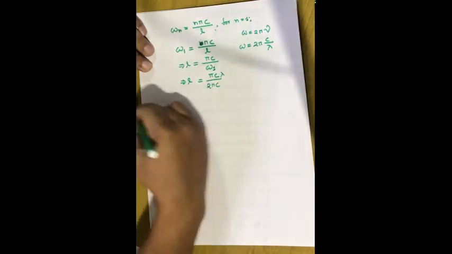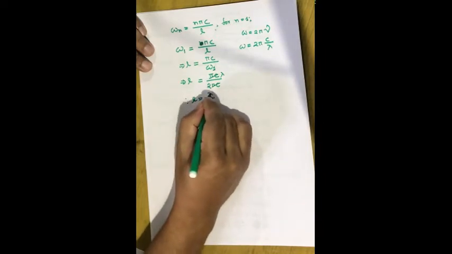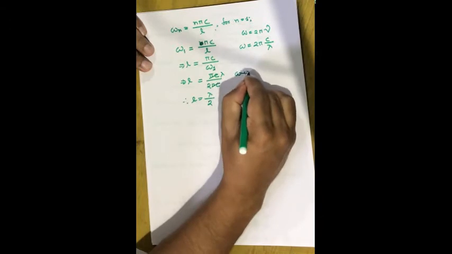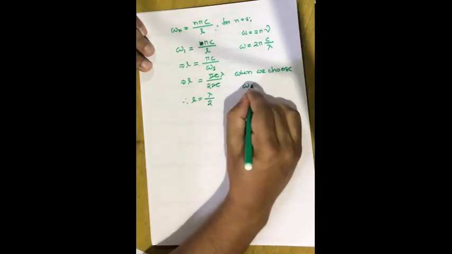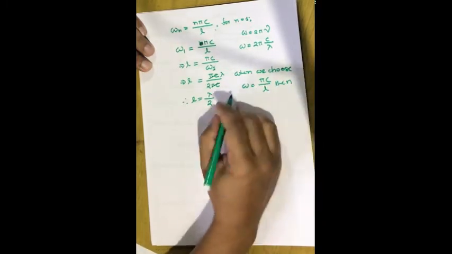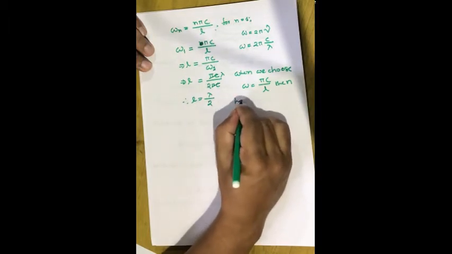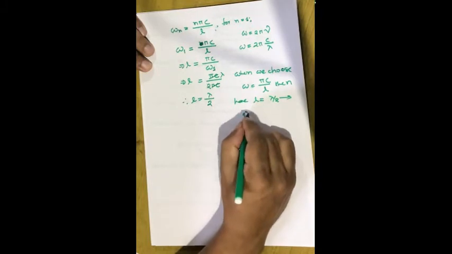So lambda will be here, and pi c gets cancelled out, therefore L is equal to lambda by 2. So when we choose omega is equal to pi c over L, then we can have L is equal to lambda by 2 and the first harmonic is excited.